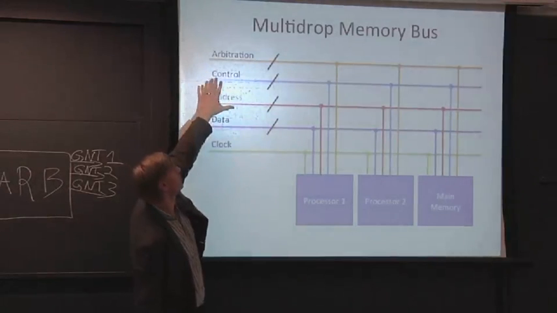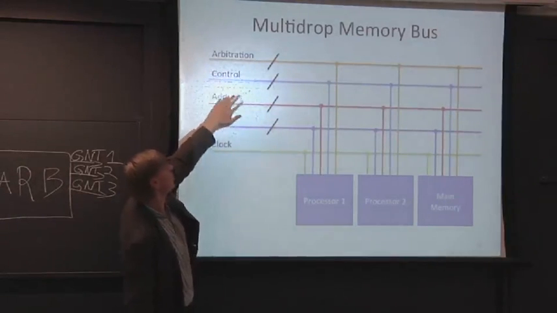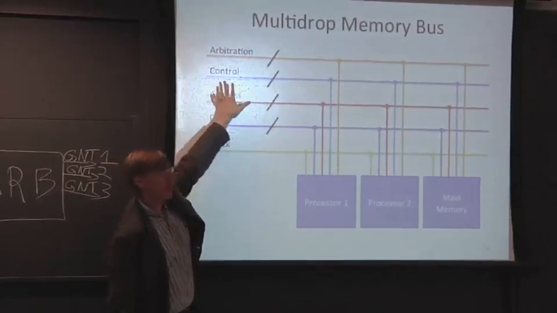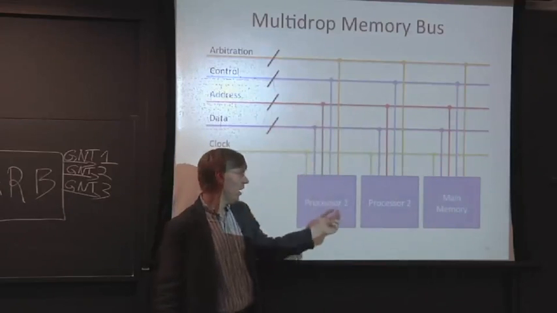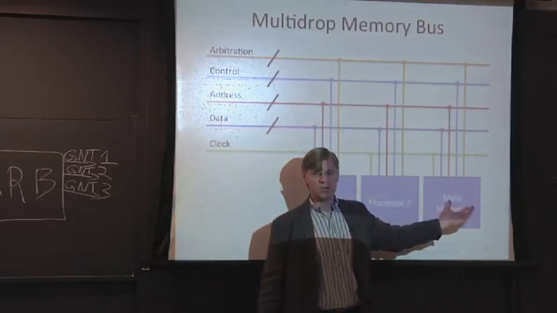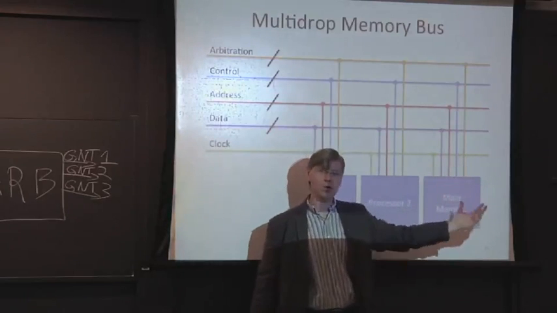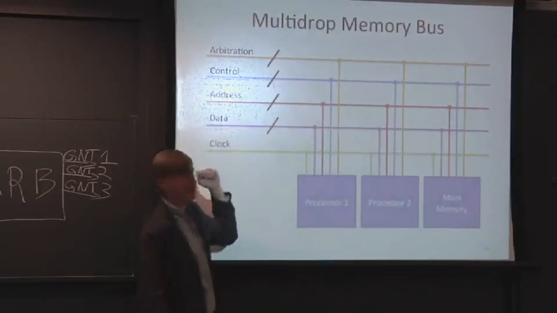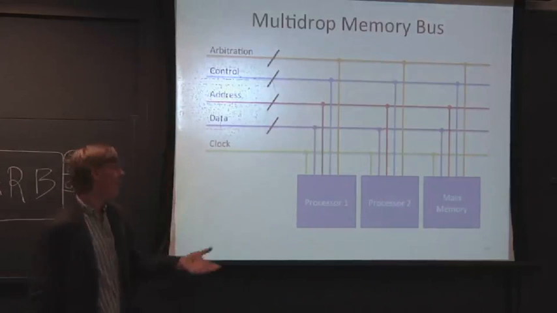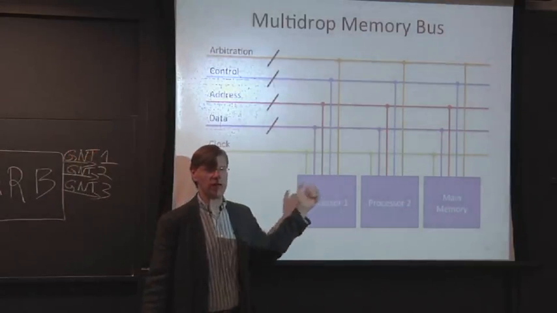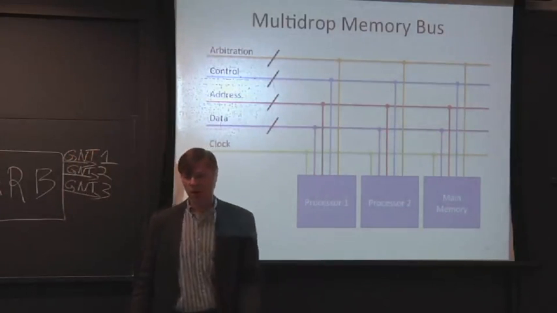So you'll assert the arbitration, the control, the address, and you'll be waiting around. You'll say, I want to do a read of address 5. And then main memory will say, I have address 5. And it will assert onto the data bus here, we'll say, the data for address 5.